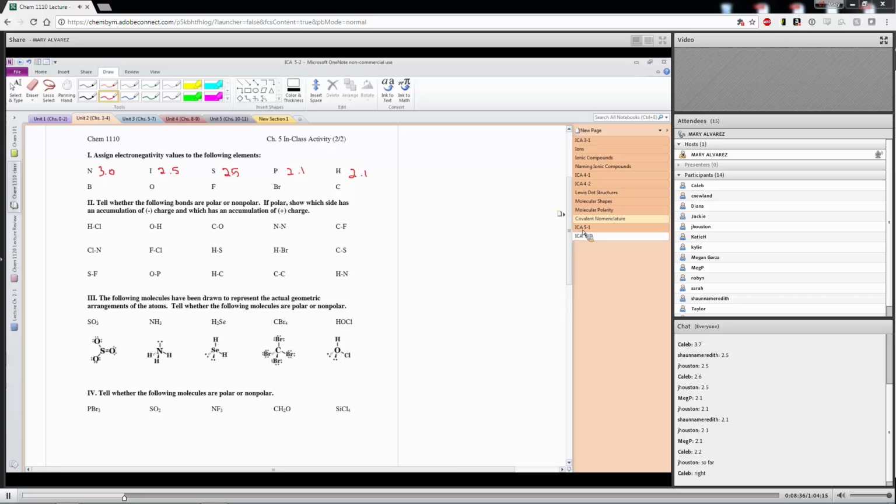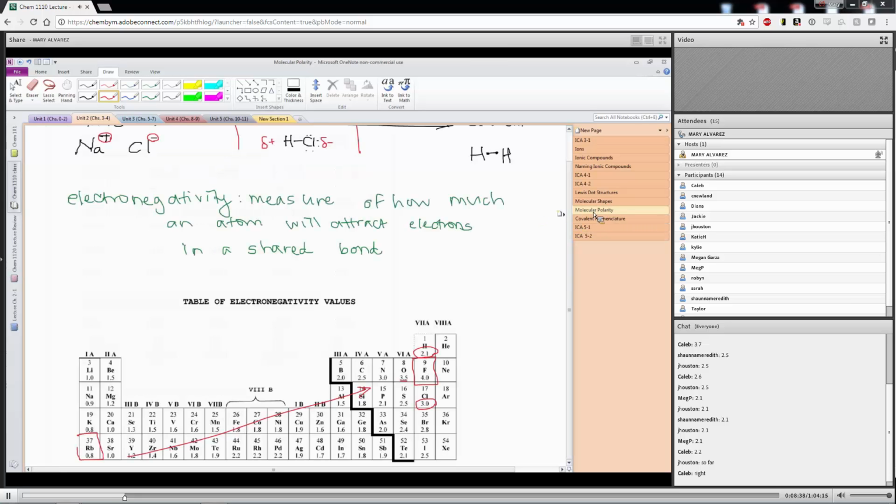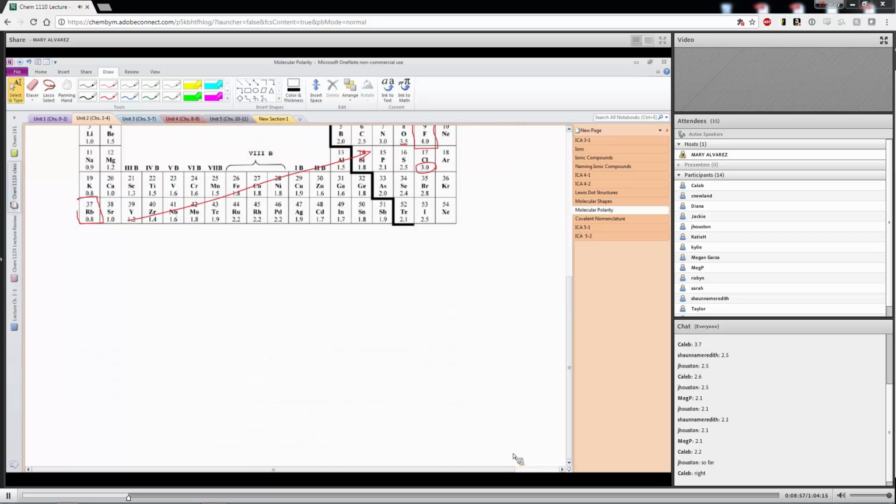Okay. All right. So let's go back to how we know whether a bond is polar or not. And here's what you do need to memorize. It's just this little line chart.